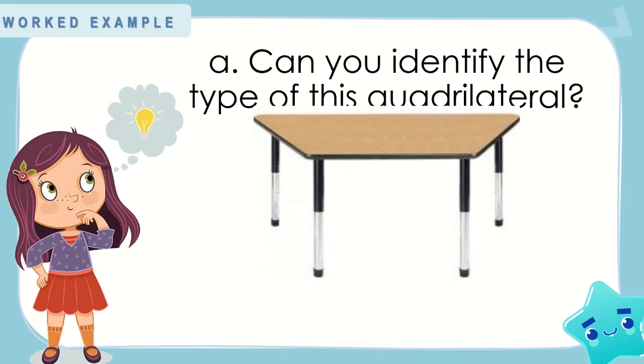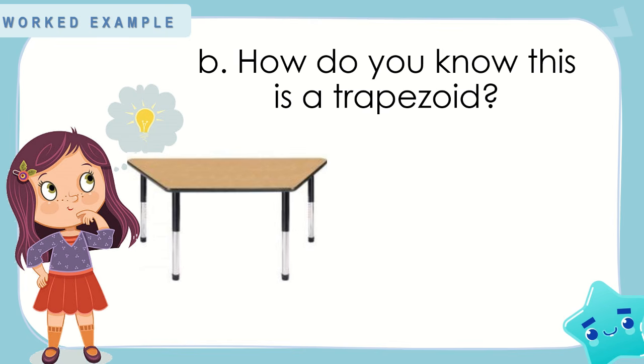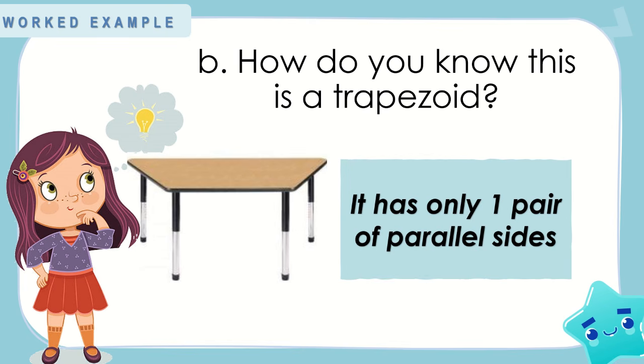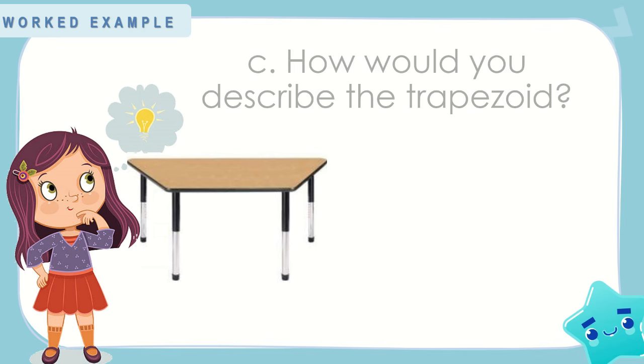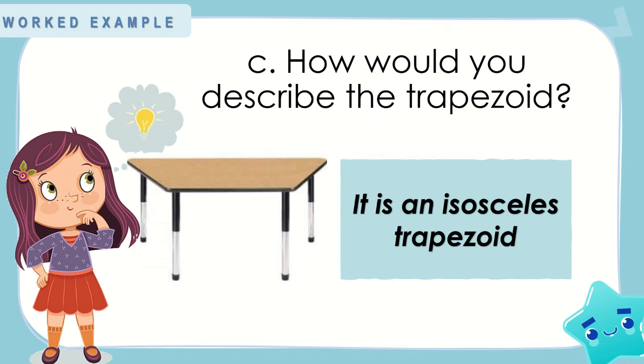Can you identify the type of this quadrilateral? You're right, it is a trapezoid. How do you know this is a trapezoid? It has only 1 pair of parallel sides. How would you describe the trapezoid? It is an isosceles trapezoid.